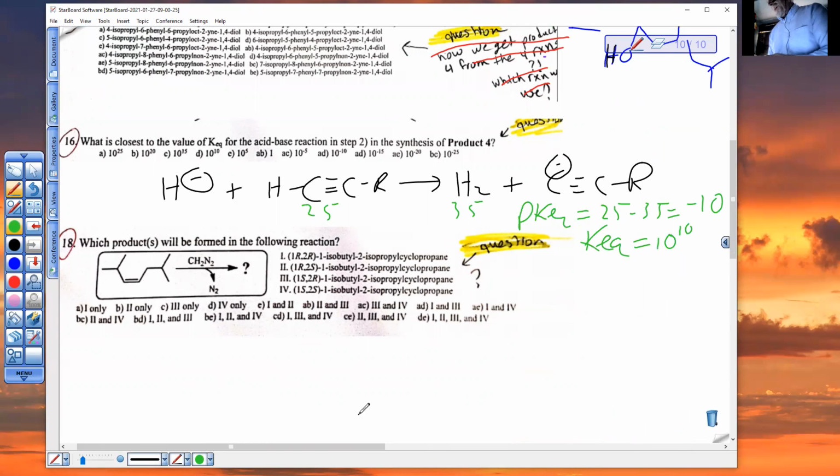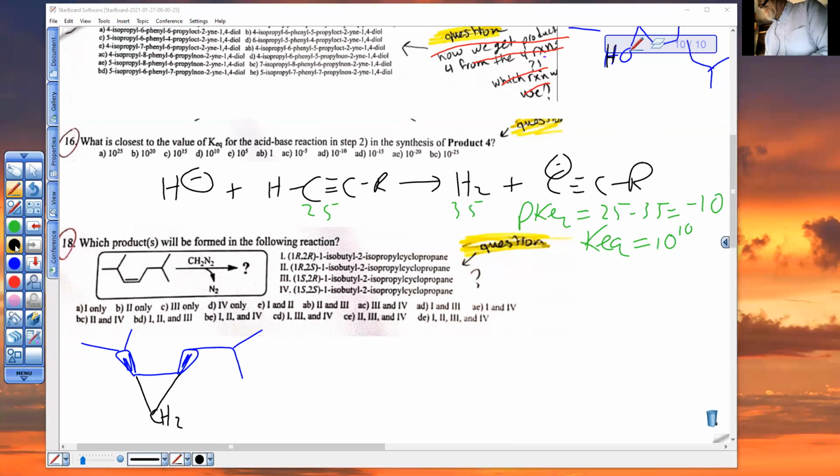And this last one, I know we're running up against time. It's okay. We learned that diazomethane with alkene makes cyclopropanes. And the groups, if they're on the same side of the alkene, they end up on the same side of the cyclopropane. So we can call those both wedges. Got an isobutyl here and an isopropyl here, and we got our cyclopropane here.